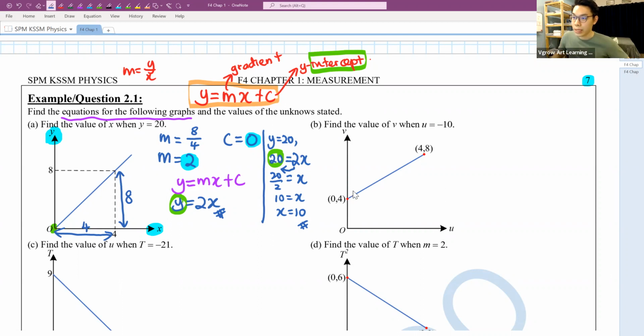Before I continue to part B, is there anything that you don't understand here? Is there anything that you guys want me to explain? If okay, can you guys just say okay in the chat? Or when you're done, you just say okay, then I know I can proceed. If got anything, you can unmute your mic and let me know. I can explain. Okay. Yeah. Thanks, Ayman.